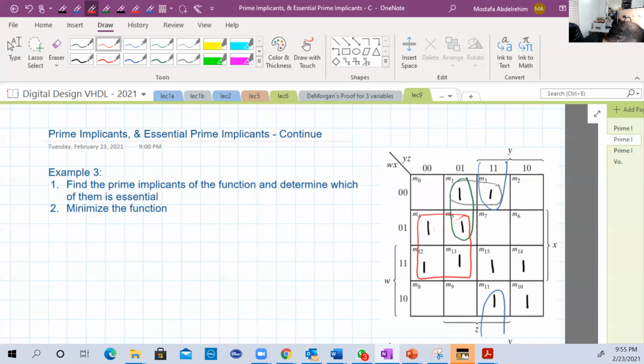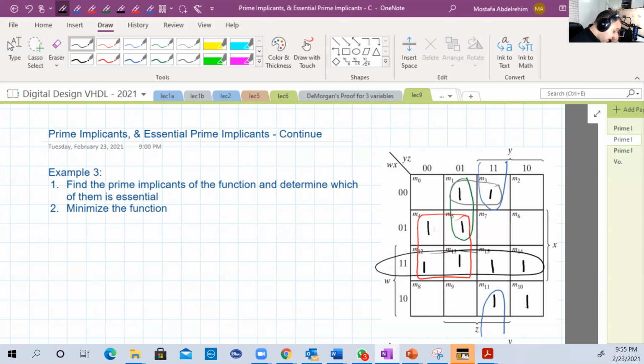Then the fourth row, this one here belongs to the red, and it also belongs to that group here, the complete third row. And now we can judge that the red prime implicant is an essential prime implicant.